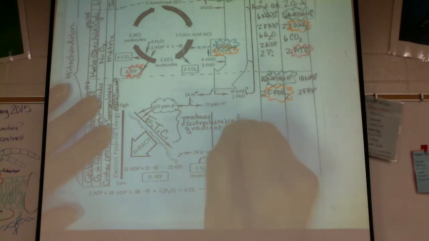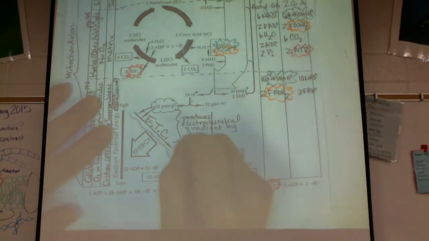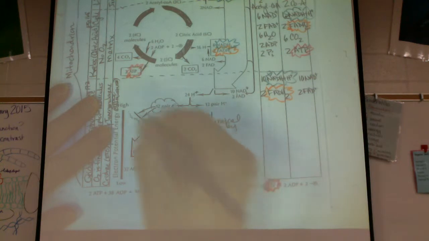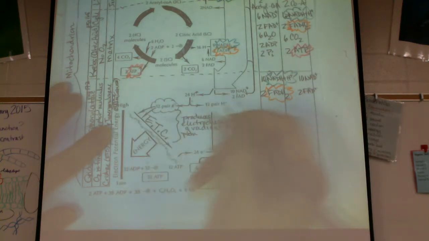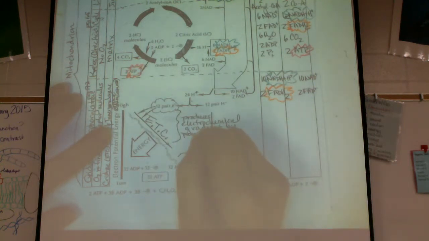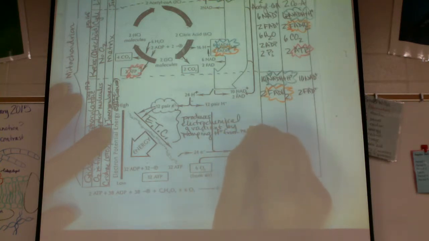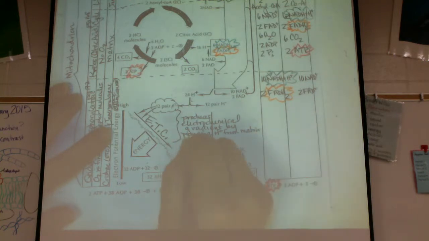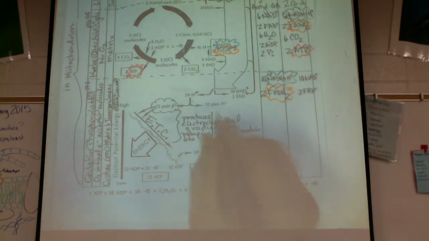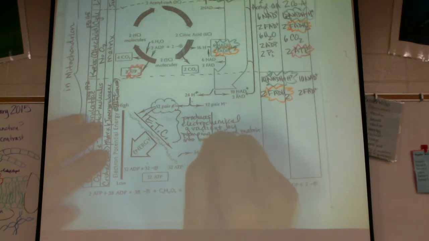It does this by pumping. Remember, those proteins embedded in the membrane are going to pump hydrogen ions from the matrix into that itty-bitty living space, that inner membrane space.